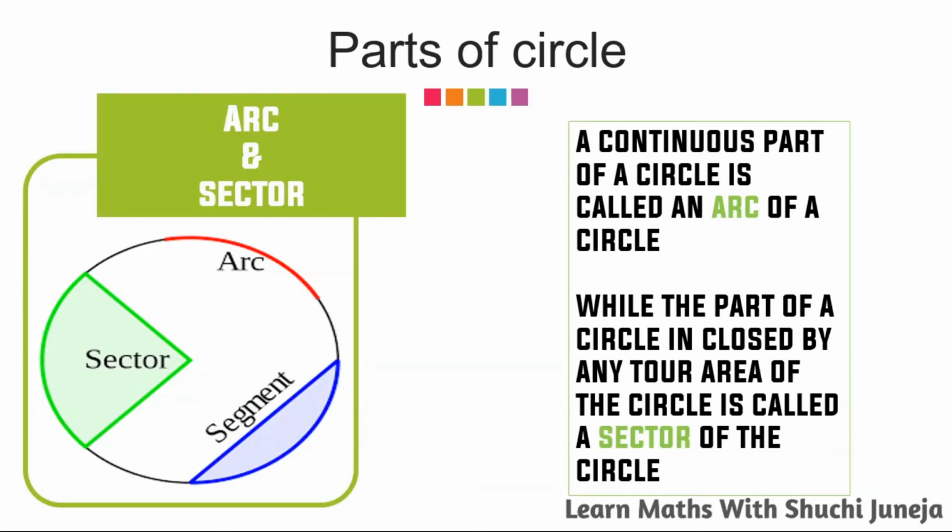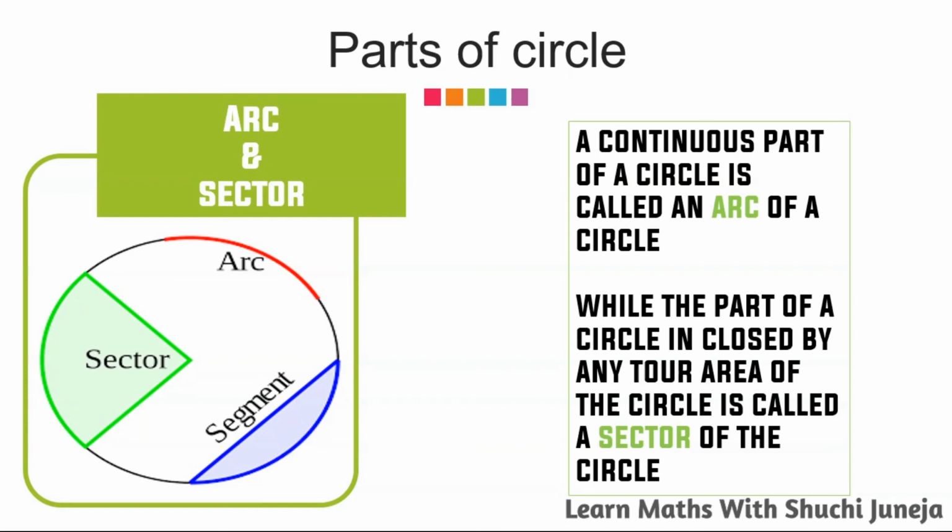Last but not the least, the two parts of the circle are arc and sector. A continuous part of a circle is called an arc of a circle. So you can see it's highlighted with red color. Any part of the circle, if we take a part of the circle, it is known as the arc. What does a sector mean? Means an area which is inside 2 radii. The area which is inside 2 radii, including that part of the circle, is known as the sector of the circle.